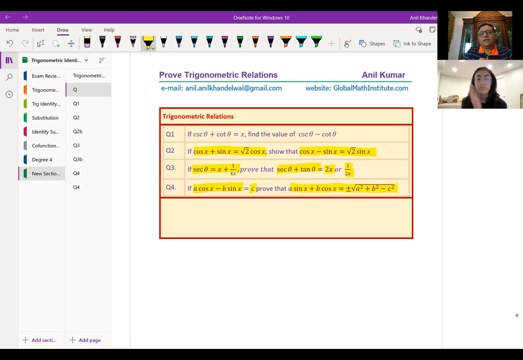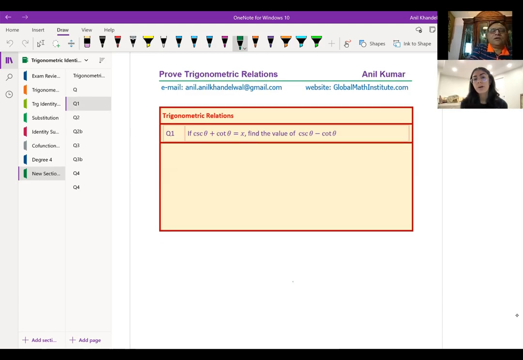So, how do you think we can solve this particular question? Well, they want us to find the value of cosecant theta minus cotangent theta, and that basically I believe equals 1. No. You remember the Pythagorean theorem? Yeah, I do, but I don't remember cosecant theta. 1 plus cot square theta is cosecant square theta.